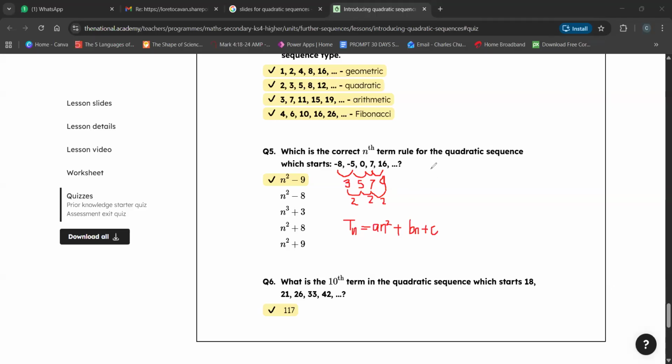Which we can use any of the terms, right? Let's use T1. T1 right now is equal to -8.